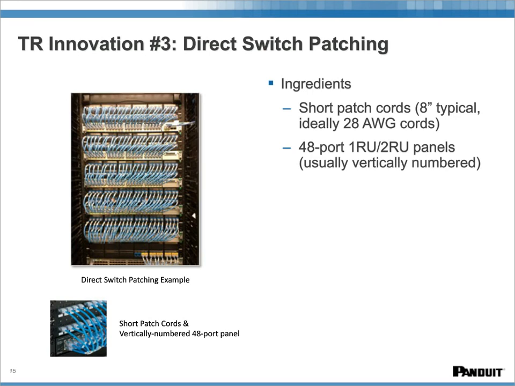The key is that you're doing one-to-one patching between panels in the same respective area from the switch to the panel. It is very simple, and it is what makes this so quick and easy to implement.